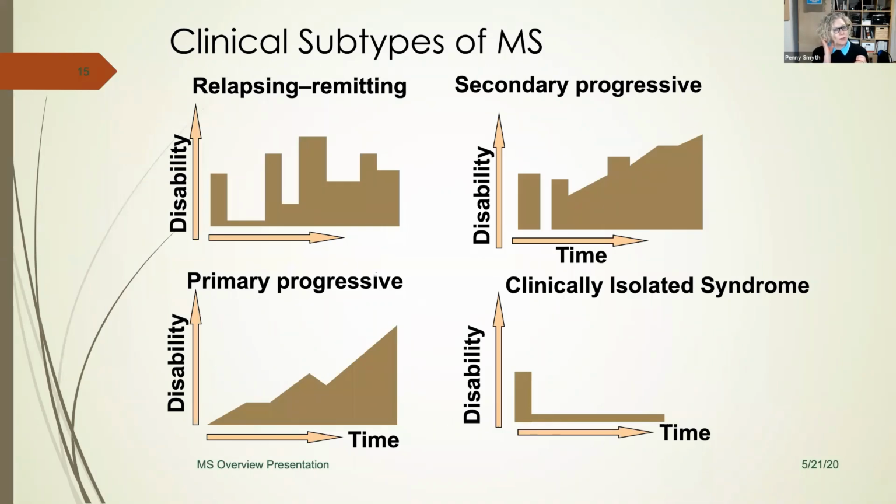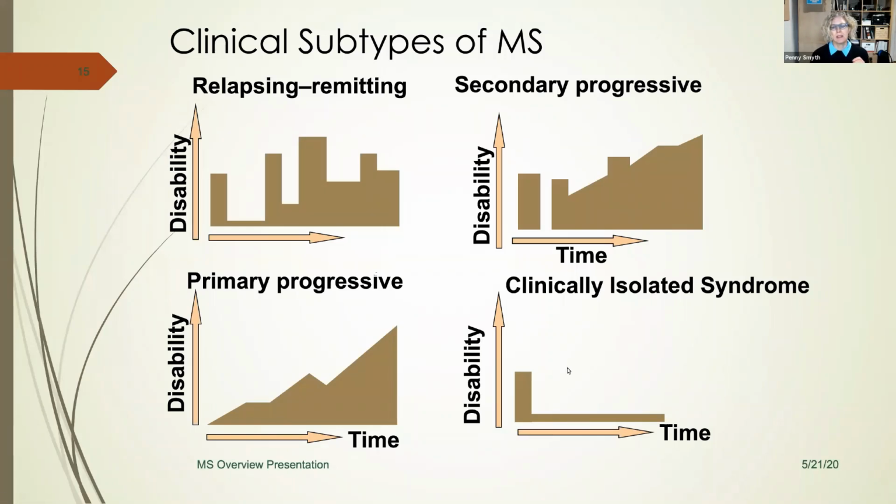Now, in terms of clinical subtypes of MS, I saw that we had shared this with you last week, and the most common type is the relapsing remitting MS type, which I described a little bit earlier on that graph. And over time, the majority of those patients will move into what we call secondary progressive MS. There is a proportion of MS patients called primary progressive where they never actually have any relapses at the beginning. They just have a slow, gradual worsening over time. And usually those are more men, usually over the age of 50.